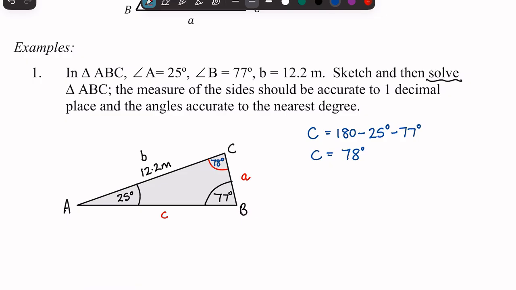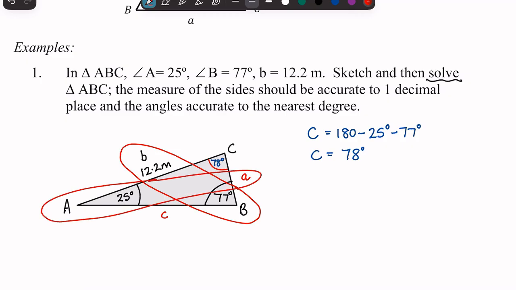To start, draw a little carrot around the two opposite values that we definitely do have, which would be angle B and side length b. So we'll use that in our calculations for sure. And then the first one I'm going to calculate is side length a.